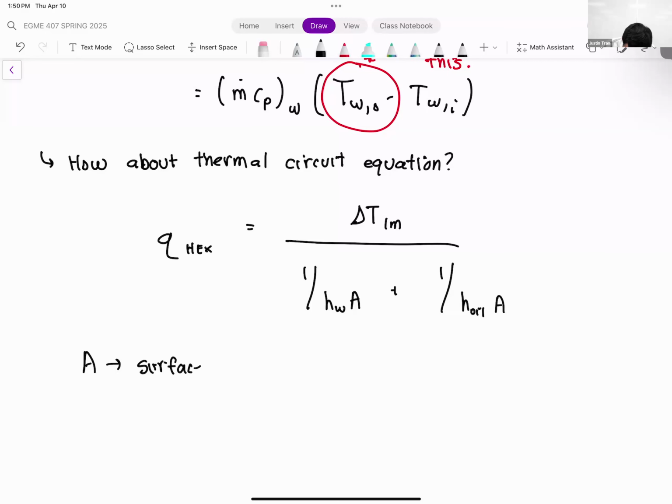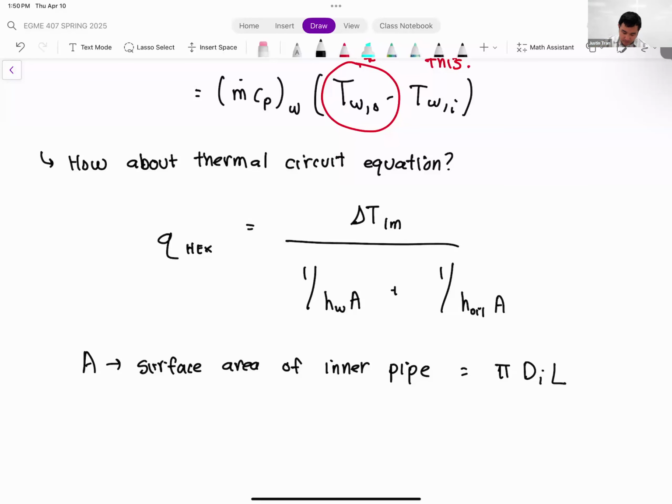So this is the surface area. Right, so the surface area of the inner pipe is pi times the inner diameter times the length.